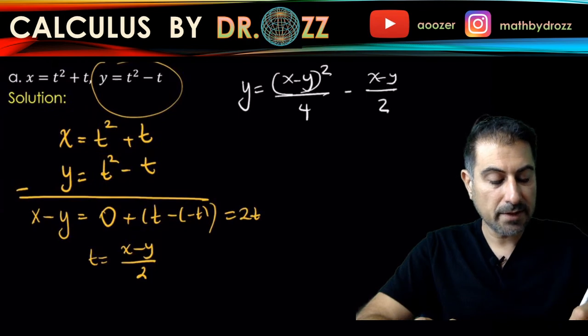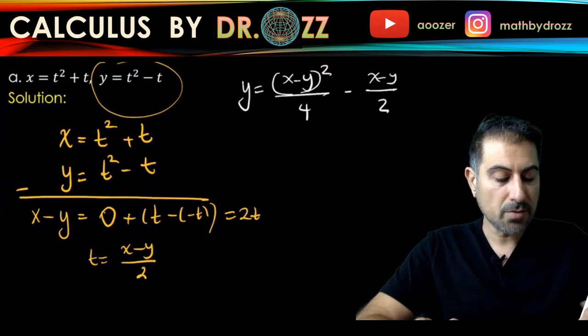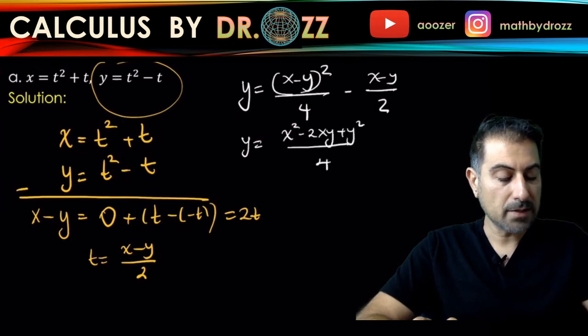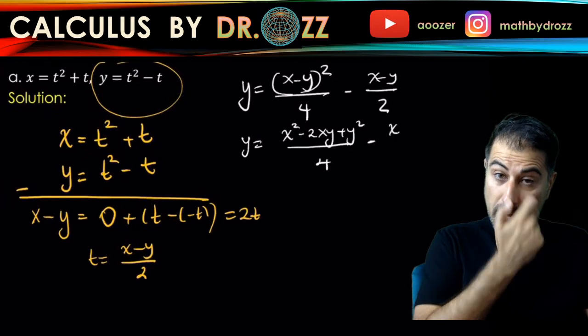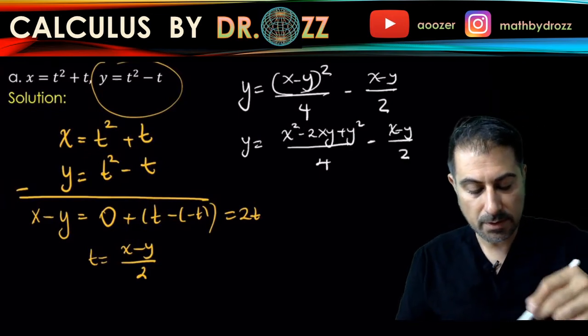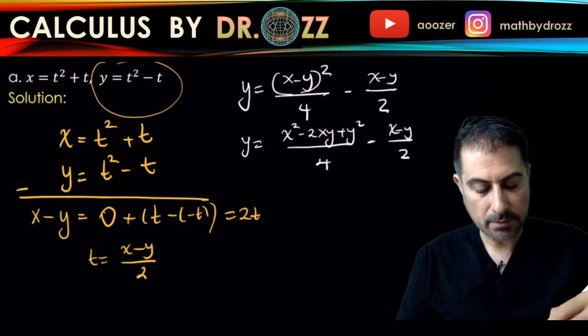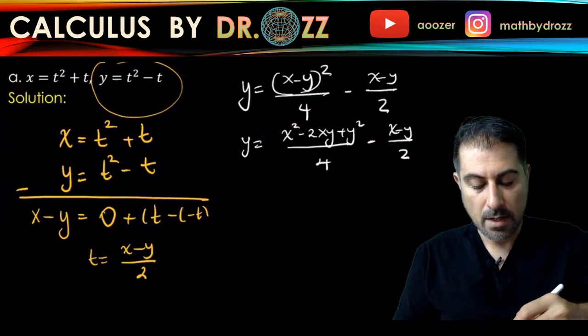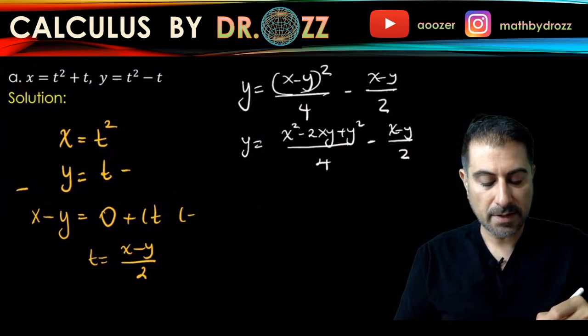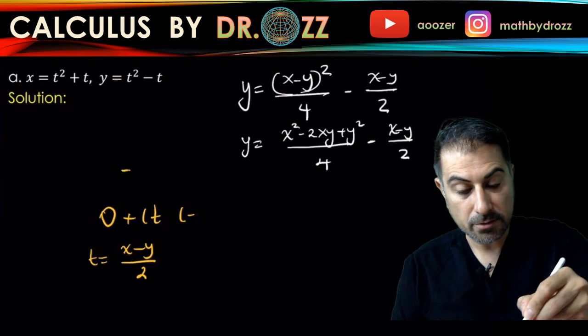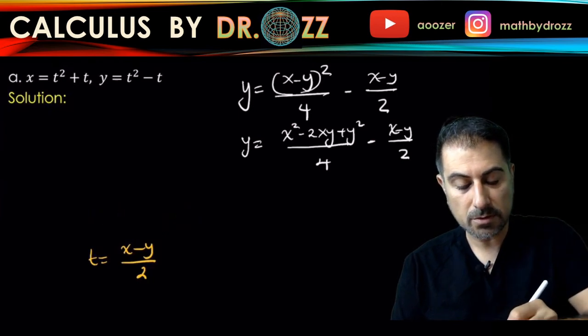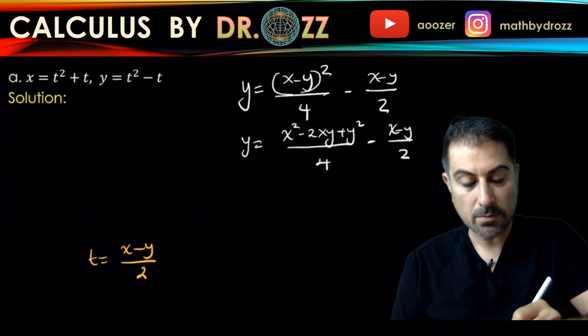So let's just simplify this. y equals (x squared minus 2xy plus y squared) over 4, minus (x minus y) over 2. And all I'm going to do is find a common denominator, so let me just keep this here.